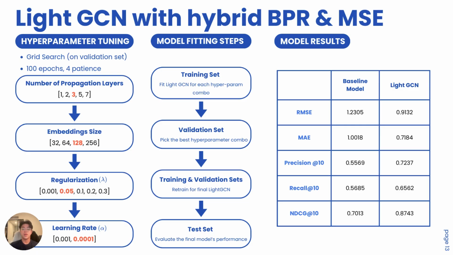For the model result, similar to the neural network matrix factorization, it gives a very significant improvement on RMSE, MAE, precision, recall, and NDCG as well, giving a more relevant and better-ranked top movie list for users.